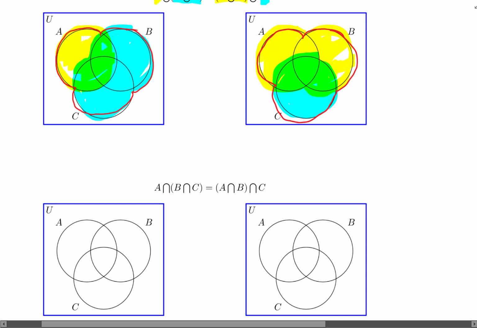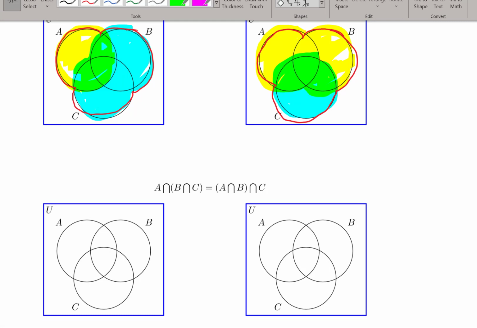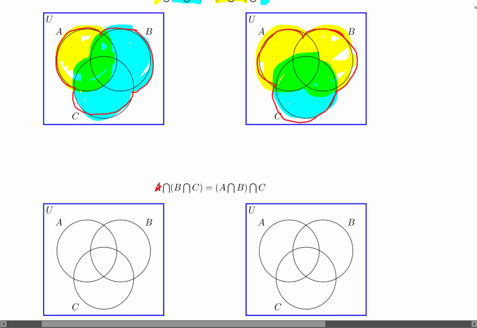Now here we have the associative law for intersections. So look at just A here. That part there.